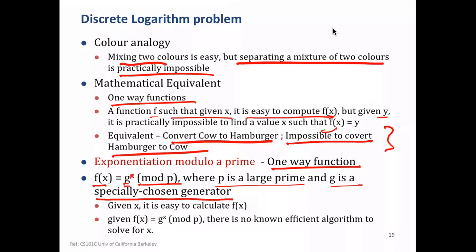Now, given this value, if it is presented to you and you know the values of g and p, because these are public, finding the value of x is very difficult. This is the theory.